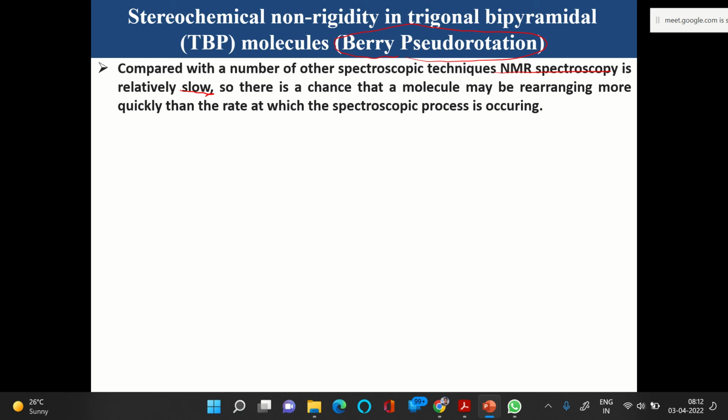All these are events that happen at 10 to the power minus 15, minus 12, so picosecond or femtosecond order. But in NMR spectroscopy, the data acquisition usually takes place at around microseconds, a few microseconds.